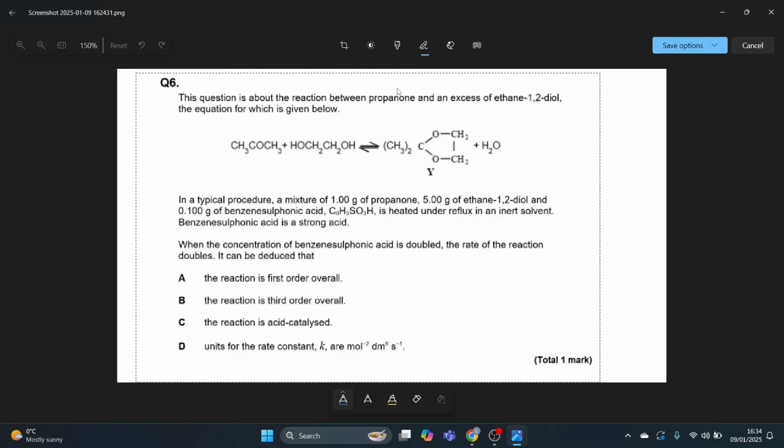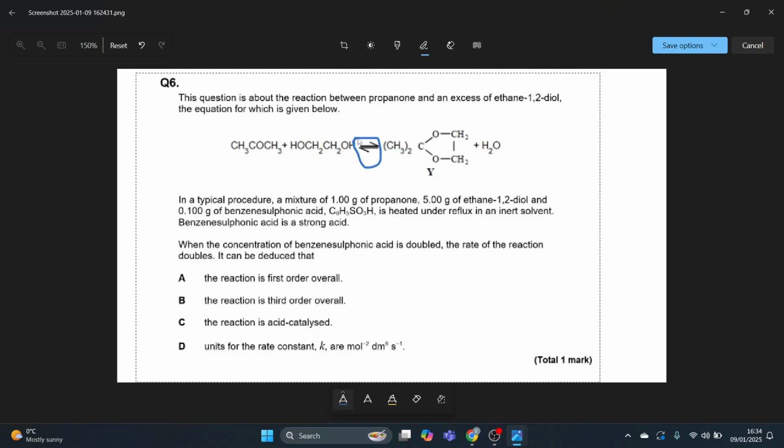Now question 6, this looks really tricky as well. It says this question is about the reaction between propanone and an excess of ethane-1,2-diol, the equation for which is given below. Now we can see here is a reversible reaction, it's at equilibrium.